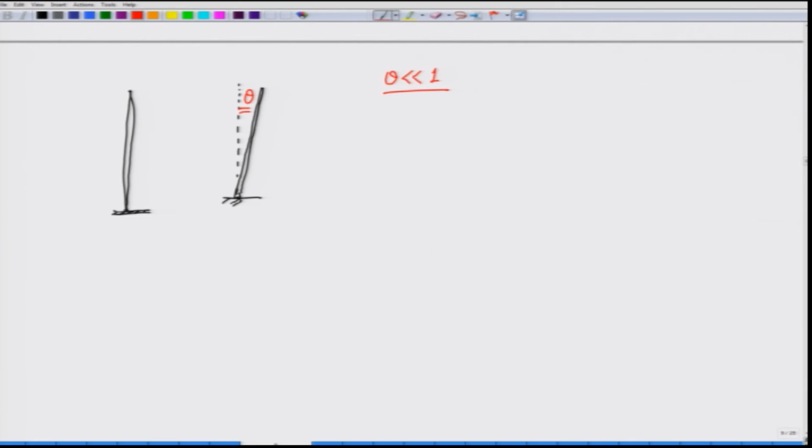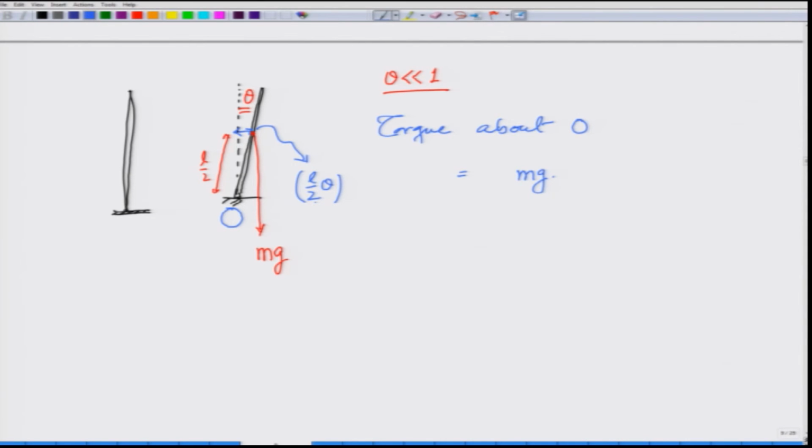Now as this happens, the force on this rod is vertically down, which is mg, where m is the mass of the rod, and it is acting at half its height, L by 2. So the torque about the finger, which I will call point O, is going to be mg times the distance shown here by blue, which is nothing but L by 2 theta approximately, because theta is very small.